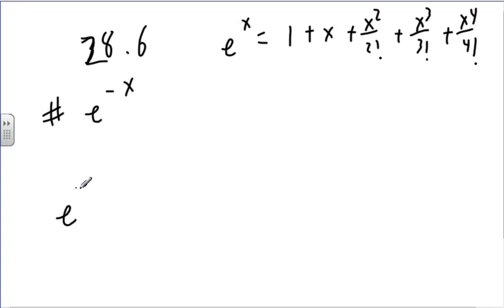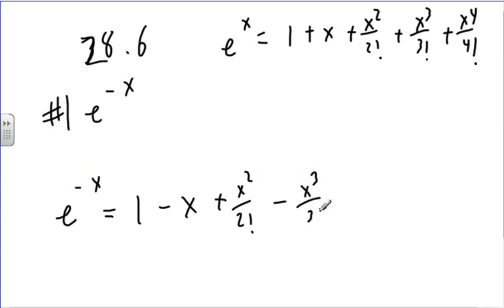So e to the minus x is just going to be 1 minus x plus x squared over 2 factorial minus x cubed over 3 factorial plus x to the fourth over 4 factorial. And then I don't have to necessarily do the rest of the math. And so that was number 1.